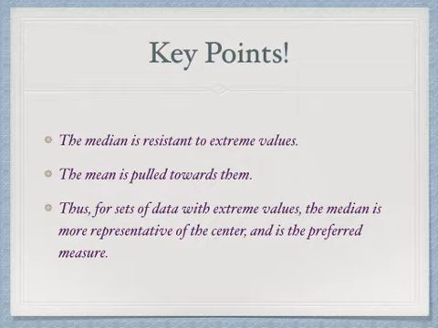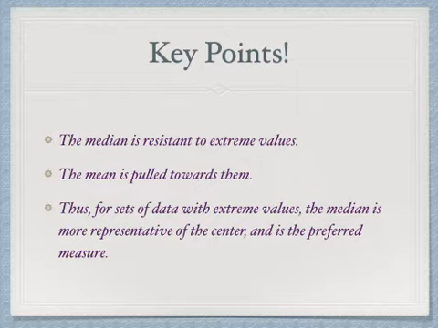You'd want to use the median to represent the salaries of the employees. The median is resistant to the extreme values, just like I just said. The mean is pulled towards them. Thus, for sets of data with extreme values, the median is more representative of the center and is the preferred measure.